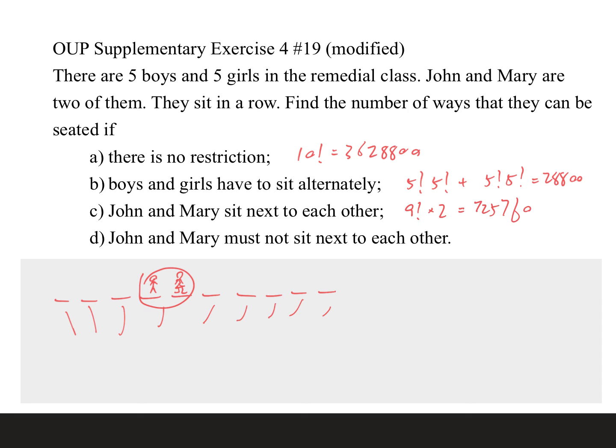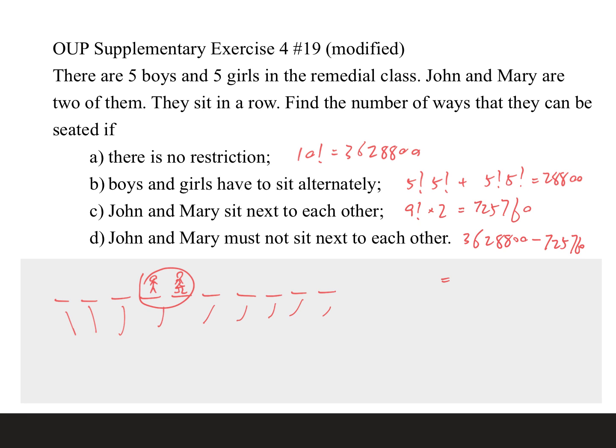Now, part D. John and Mary must not sit next to each other. The opposite of John and Mary must not sit next to each other is must sit next to each other. And therefore, the required number is part A's answer when there are no restrictions minus they must sit next to each other.